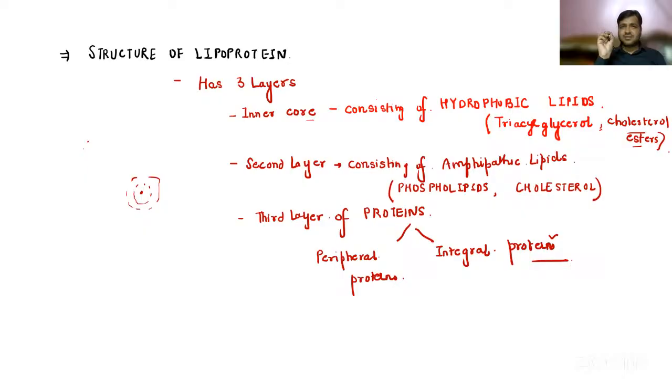The inner core obviously will be lipid only because lipid is not soluble in water, so it cannot be in the periphery, because blood is a fluid and extracellular fluid will also be there. So you just have to use your brain and this will be automatically arranged from your knowledge from yesterday. So this is the structure of the lipoprotein.